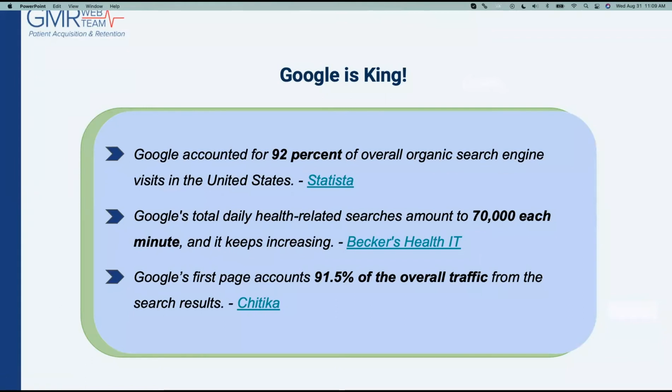And then the total amount of health-related searches are only increasing as people are becoming more invested in their health. And then you can see here, first page is so important for a lot of that traffic, because a lot of times people don't want to scroll pages and pages to find what they need. And typically Google has designed their algorithm to show you exactly what you need right on that first page, right? Because that's their goal.